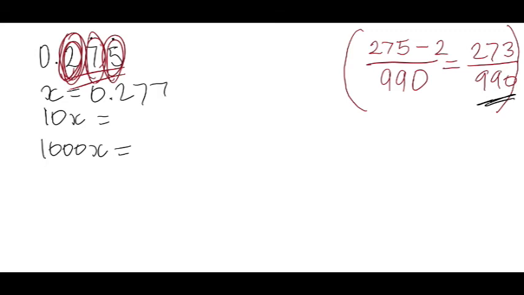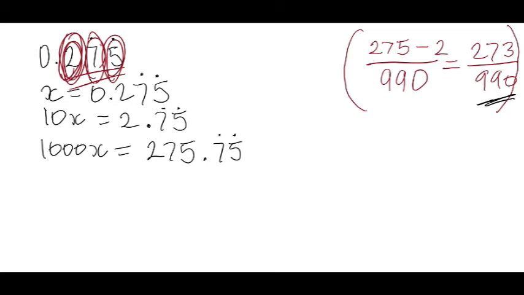Okay, so if x is equal to 0.275, and those two are recurring, then 10x will be 2.75 recurring, and 1000x will be 275.75 recurring. If you're not sure how I did that, as I say, go back, take it slowly.